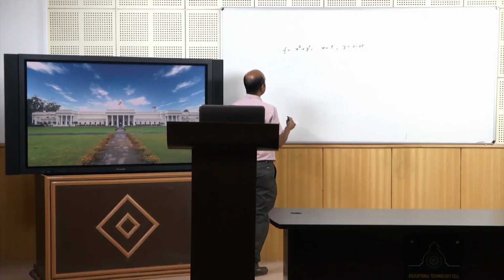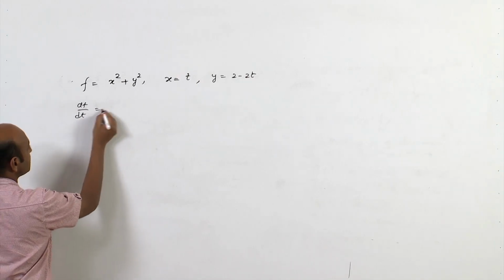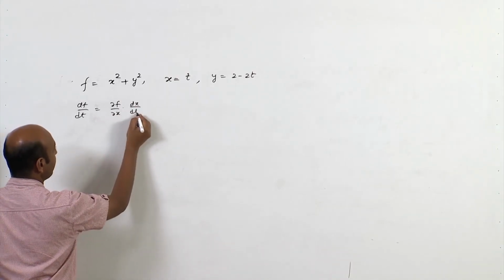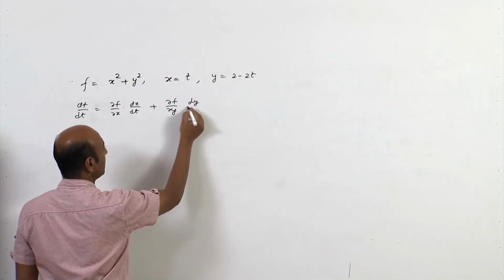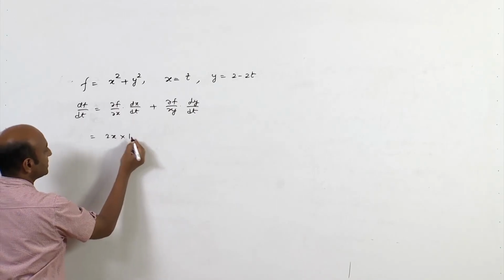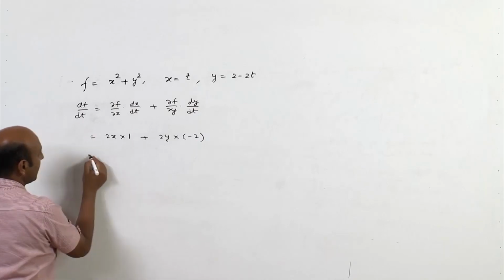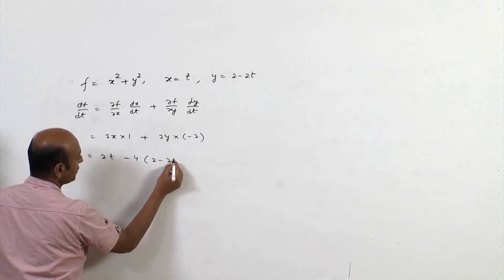Now how can you find this? You can find df upon dt, which is del f upon del x into dx upon dt plus del f upon del y into dy by dt. This is by the chain rule. Okay. So it is 2x, dx by dt is 1, plus 2y, this is minus 2, where x is t and y is 2 minus 2t.